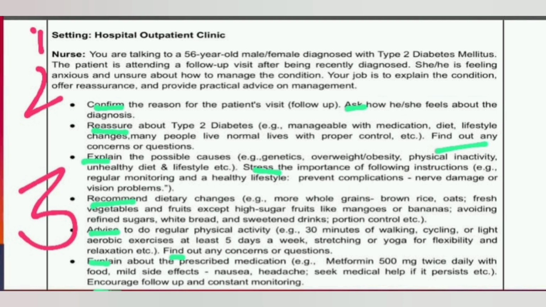If you are not taking a healthy diet and modifying your lifestyle, it is also a main cause for diabetes mellitus. So after that we can ask the patient whether he or she has understood or not. We can say, are you getting my point? Okay, like this, as we have explained.